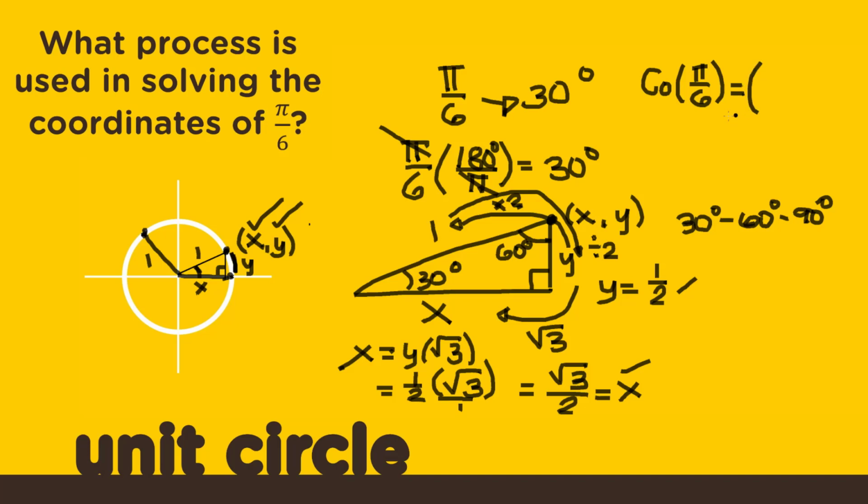And again, the coordinate of pi over 6, which is this point here, the terminal point of pi over 6, is a combination of your x, square root of 3 over 2, and your y, which is 1/2. And this is the origin of that point that you were able to memorize pertaining to pi over 6 and all other angles or arcs in the unit circle with denominator of 6.